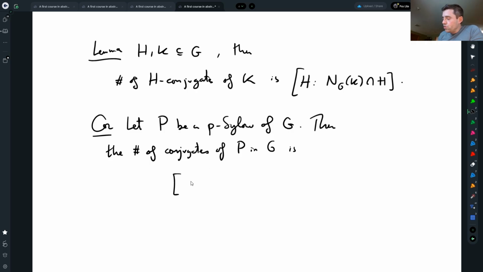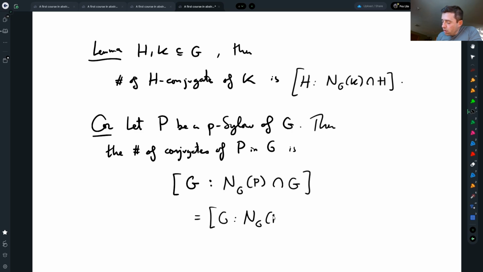It is G, and I'm conjugating by things in G, so the formula tells me that it will be the index of the normalizer of P intersect G. But of course, the normalizer is a subgroup of G, so the intersection with G is just the normalizer itself. So it's the index of the normalizer of P in G.